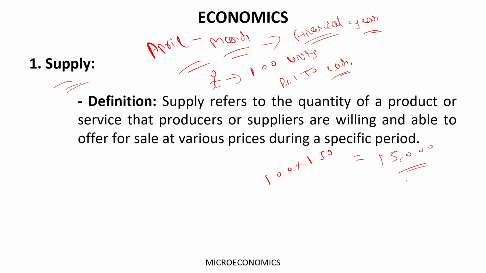So goods valued at 15,000 have been supplied by this person. This is the meaning of supply: the quantity of a product or service that producers or suppliers are willing and able to offer at various prices. He was willing and able to supply 100 units at a price of 150 during a specific period of time, which may be the financial year, the quarter, the month, or any certain but definite time period. All right.